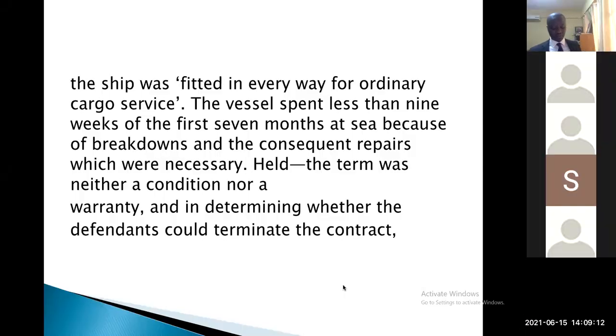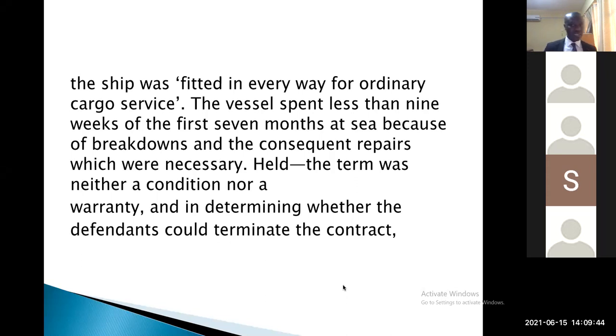Eventually, when the matter got to court, the High Court, which was the court of first instance for purposes of this particular case, presided over by Justice Salmond, agreed that yes, there had been a breach of contract, but the breach in this particular case did not entitle the defendants to repudiate the contract, to treat the contract as having come to an end.